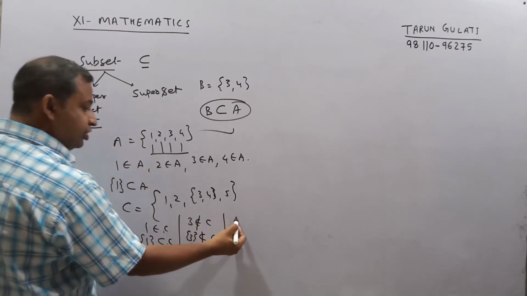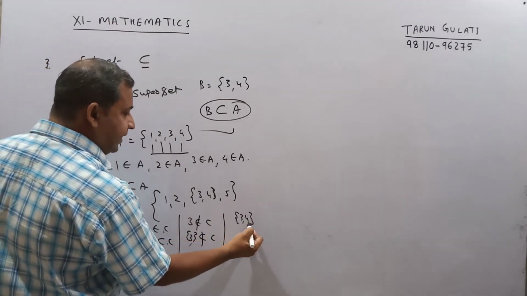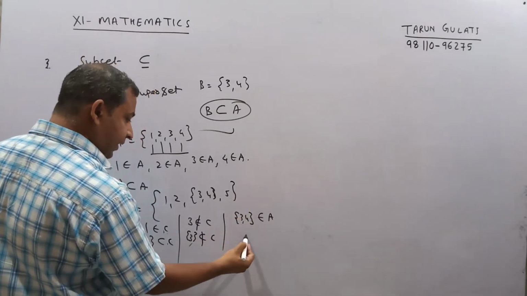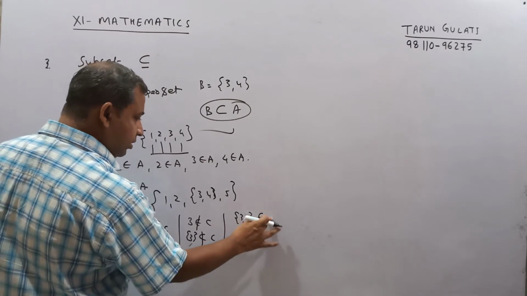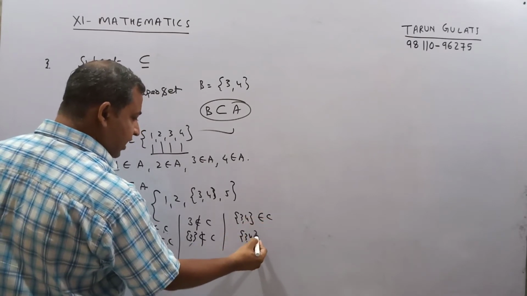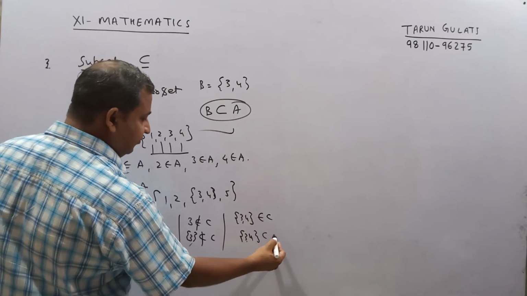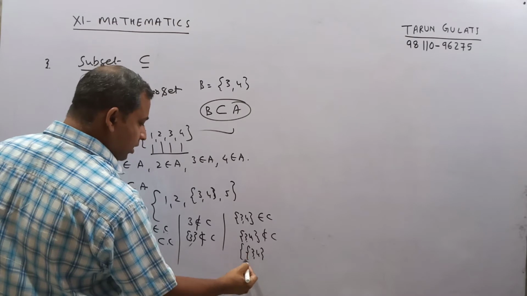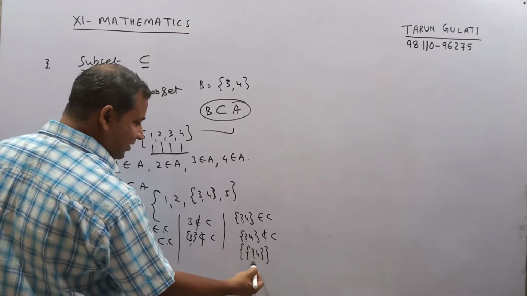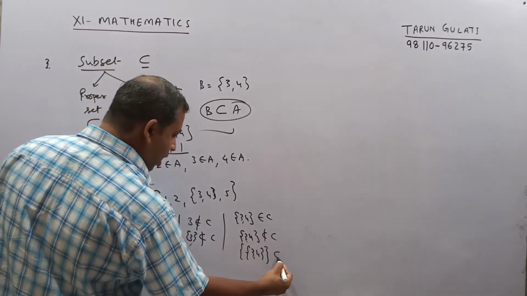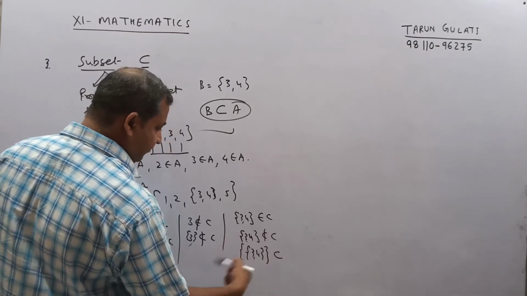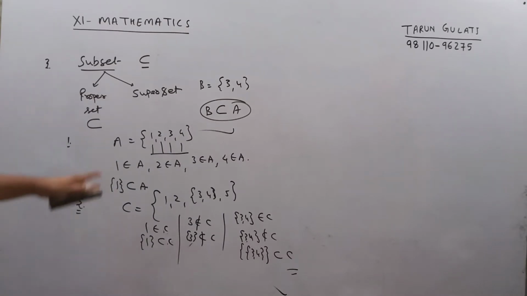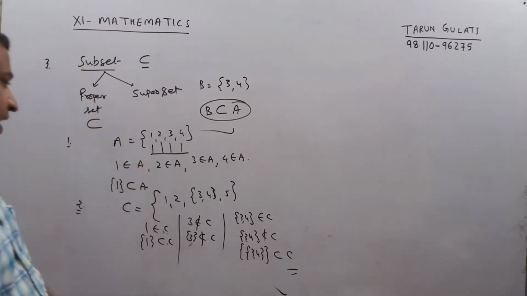No. 3 and 4 are acting as an element here. Is it right to say 3 and 4 is a subset of C? No. 3 and 4 behave like a husband and wife. They are a married couple. So on putting these curly brackets, now it becomes a subset of C. I suppose the meaning of the subset is clear to everyone right now.